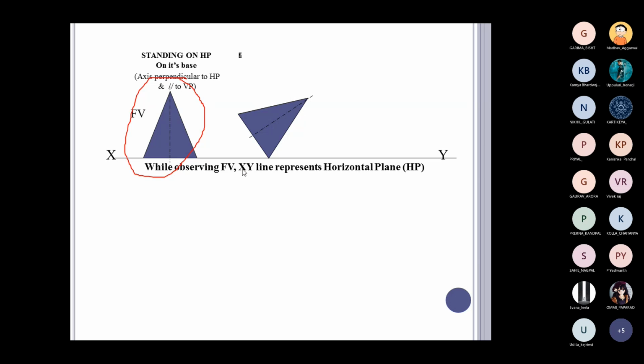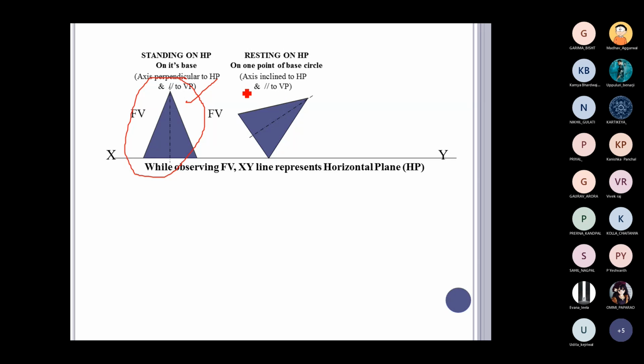The other scenario is when an object is resting on HP on one point of the base circle. In this scenario, first of all we create such a view, then make an inclination line at this point, and then rotate through the required angle.